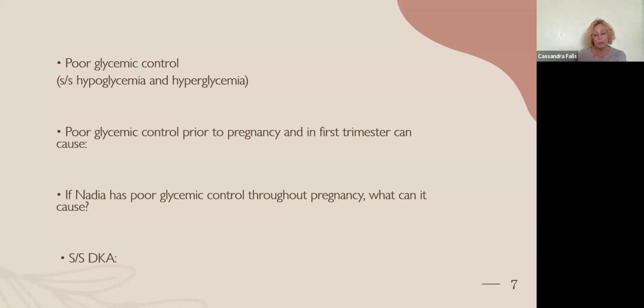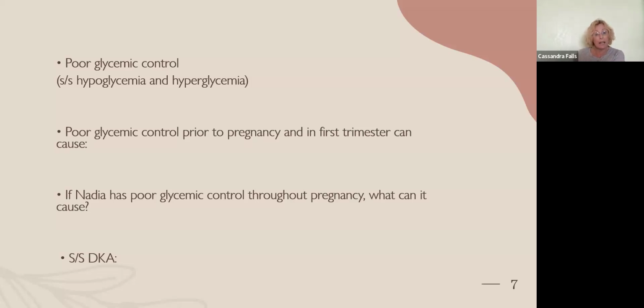So you can have a big baby or a little baby. We don't necessarily associate one or the other with early glycemic control being out of control, I guess.